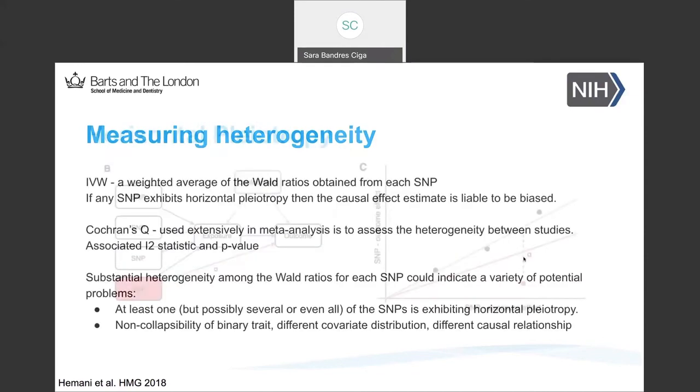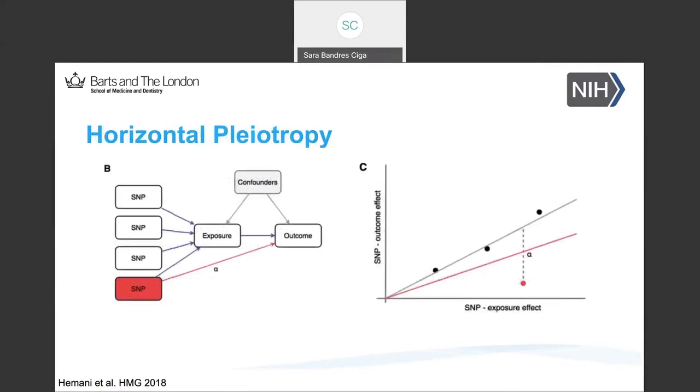I'm not going to go through all the different sensitivity analyses that we can do to look for horizontal pleiotropy. Where your 3 assumptions of MR hold up, then the best and most statistically powerful analysis you can do is the IVW analysis. But I've already said that that's the exception rather than the rule. So you would normally expect to have to go on and do at least some sensitivity analysis to look for horizontal pleiotropy. And Carl mentioned this in his talk as well.